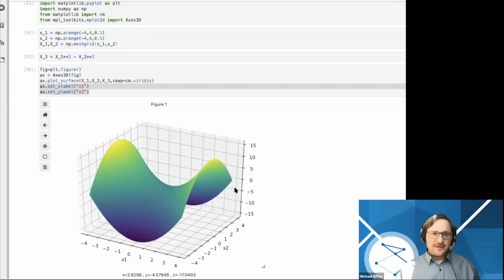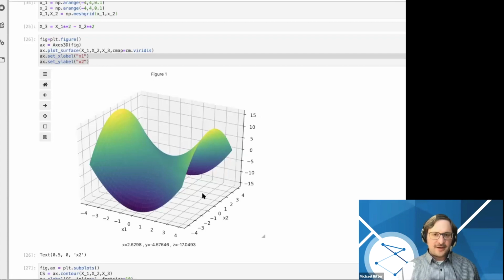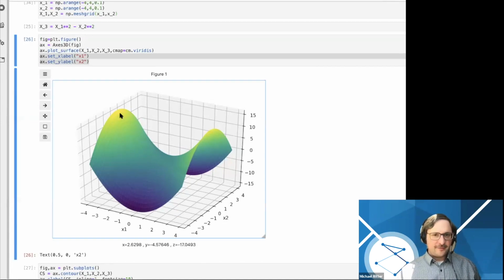So this surface that you can hopefully see now, that is how the graph looks. Here's the x1 axis in this direction, and that is the x2 axis. So if you're moving along the x1 axis, you can see the graph locally looks like parabolas like this, yeah? They open on the top.